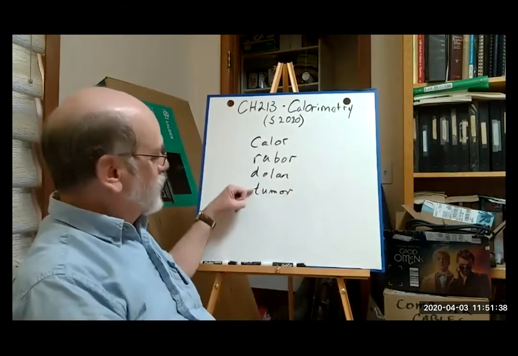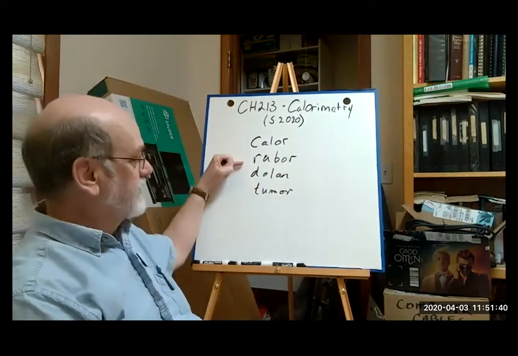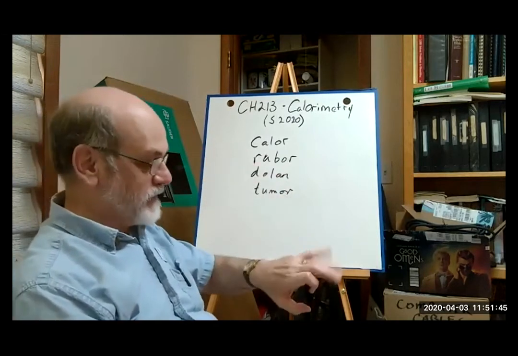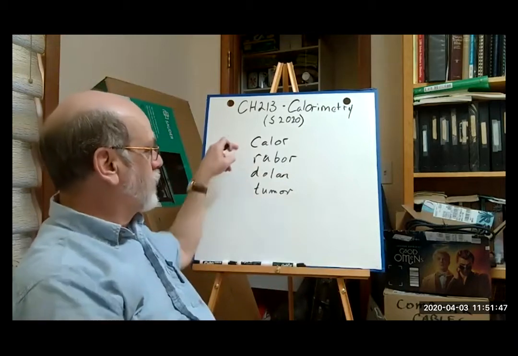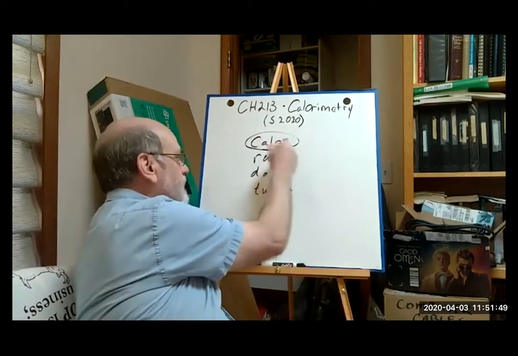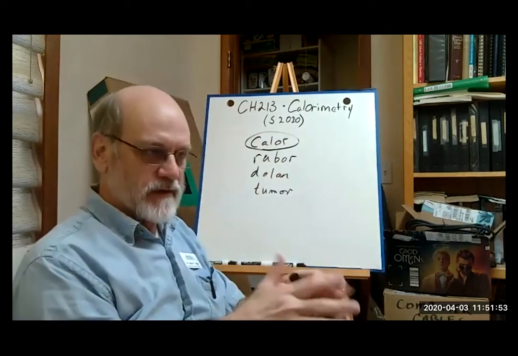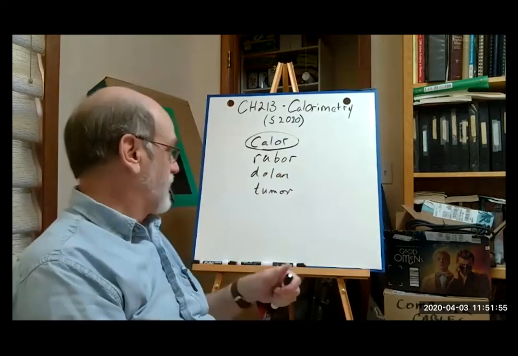Tumor is swelling, dolor is pain, rubor is red color, so you see the redness around an inflamed wound. The one we're interested in is calor, which is heat. Inflammation causes an area of your body to become warm.